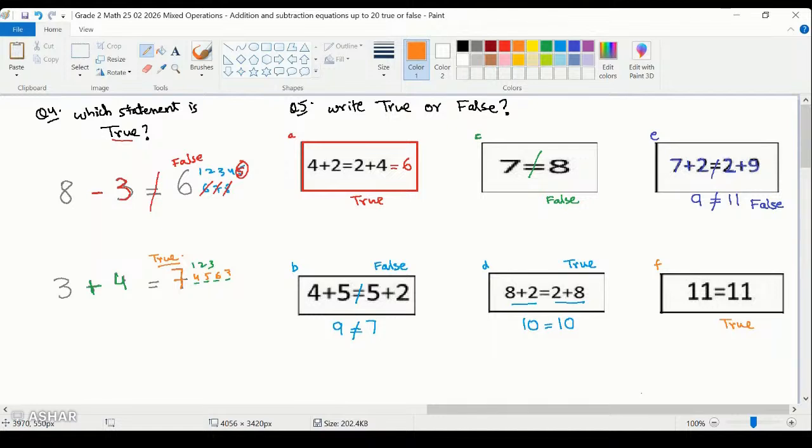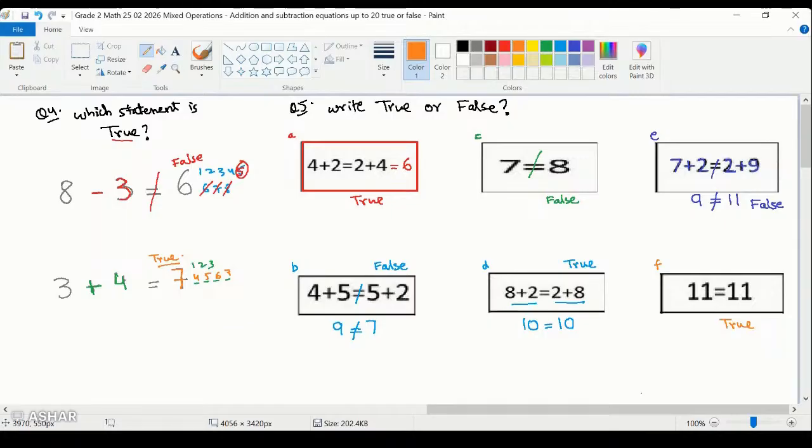That means it is a true statement. Part E, 7 plus 2 is 9 and 2 plus 9 is 11. That means 9 and 11 are not equal. It would be a false statement. Agreed? Part F, it would again be 11 equal to 11, right? That means it is a true statement.